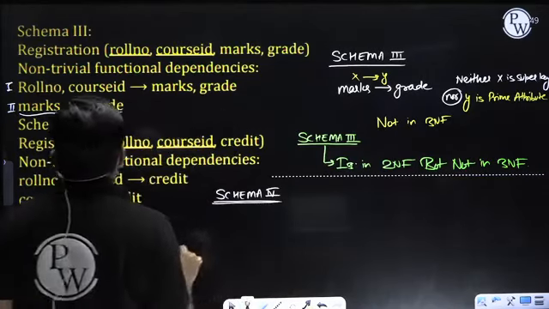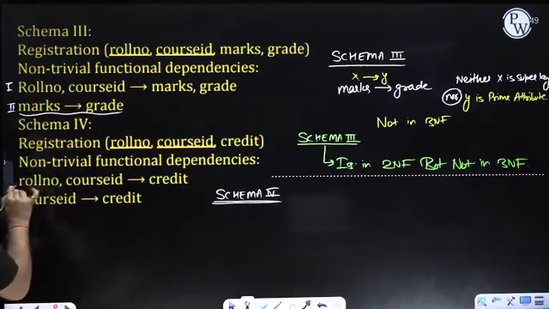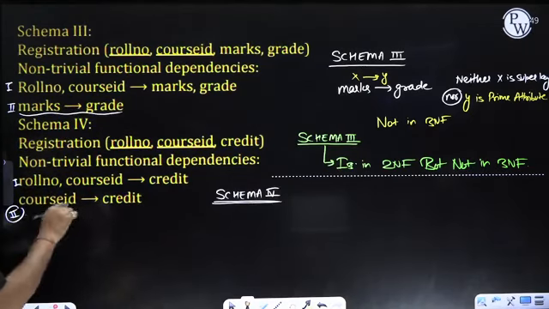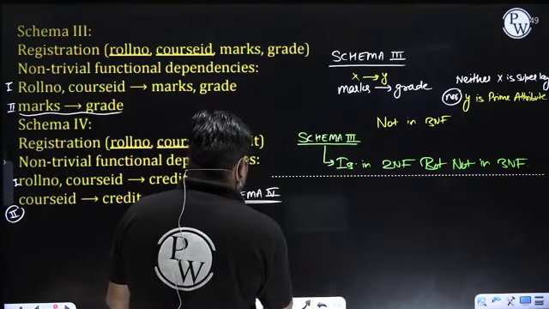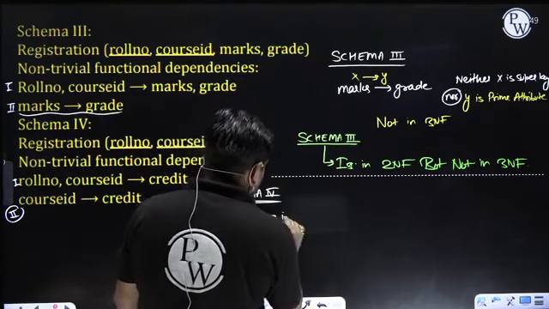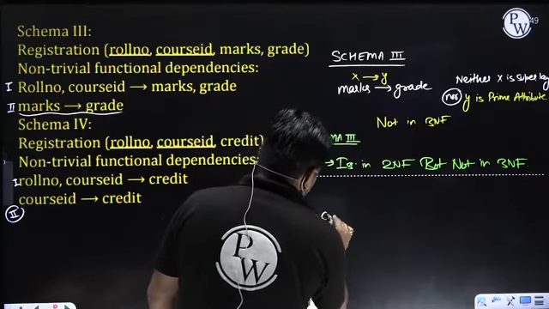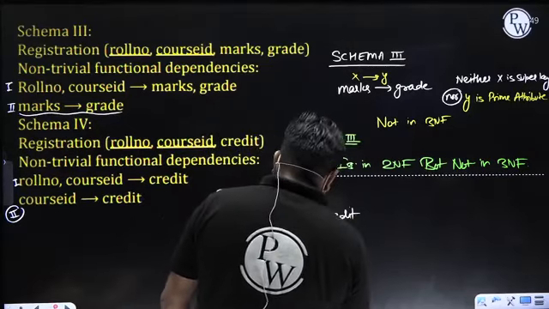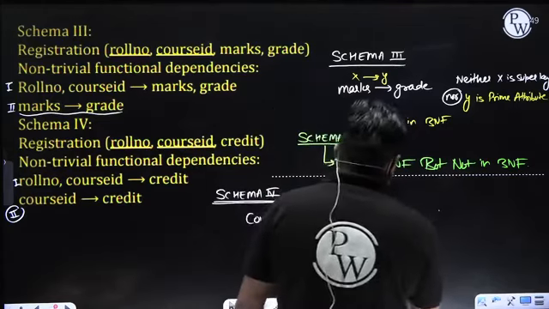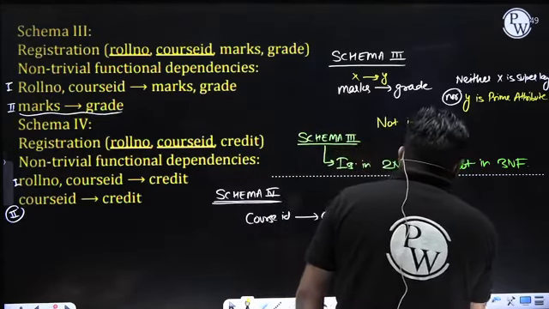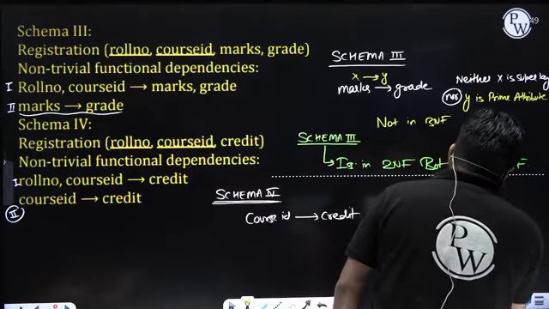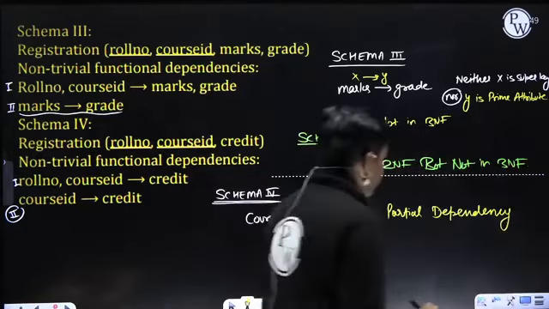Schema 4 has two FDs: roll number, course ID to credit, and second one is course ID to credit. So in schema 4, you can see course ID to credit. It's a partial dependency, my dear. Why?